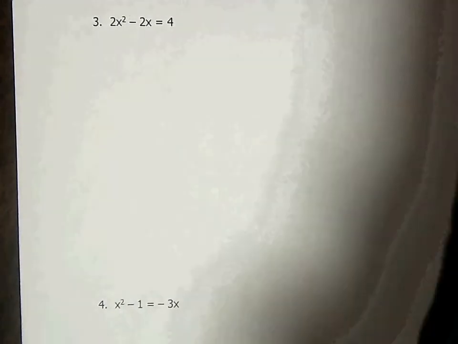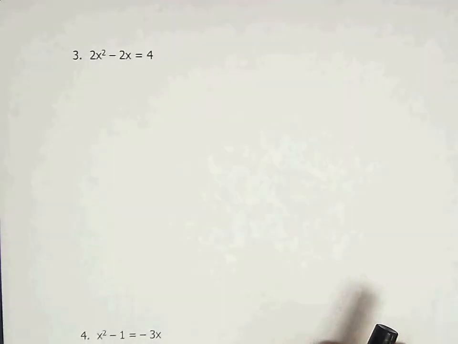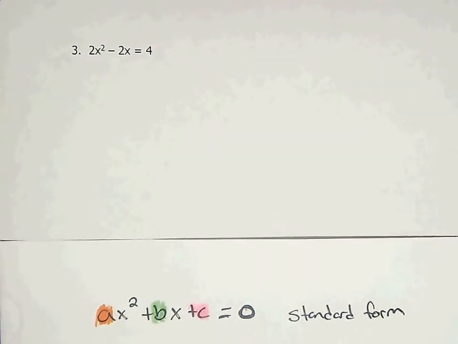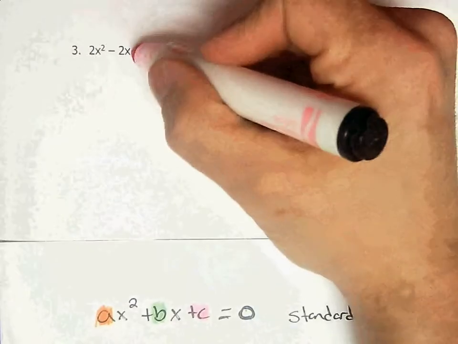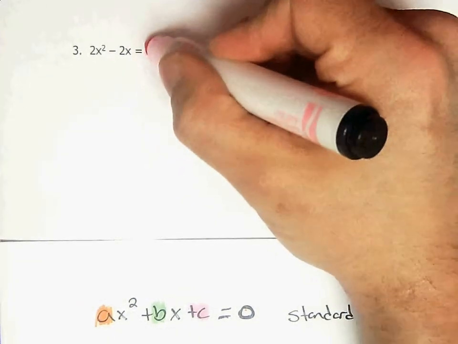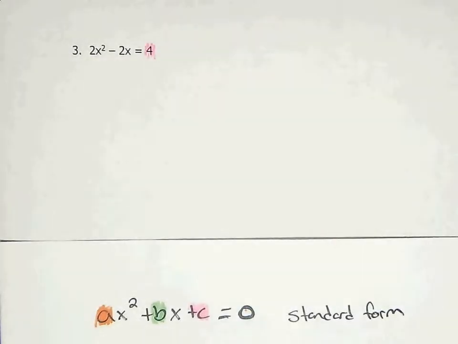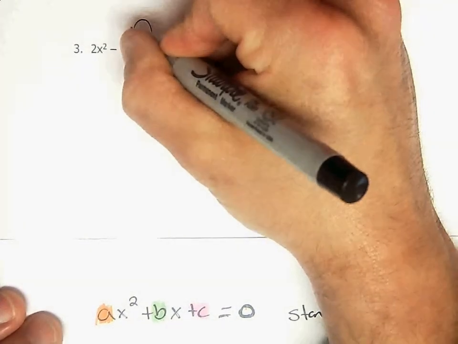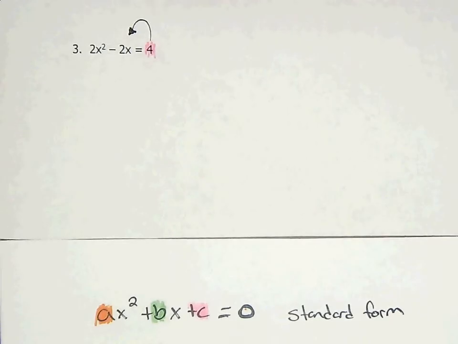So we have number 3 again. Looking at number 3, I notice it does not look like it's in standard form. If you look, this doesn't equal 0, it equals 4. So the first thing I want to do is take that 4 and move it to the other side, and when I do that it's going to change sign. So here's my equal sign.